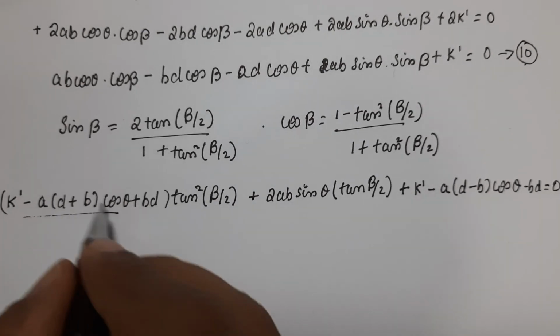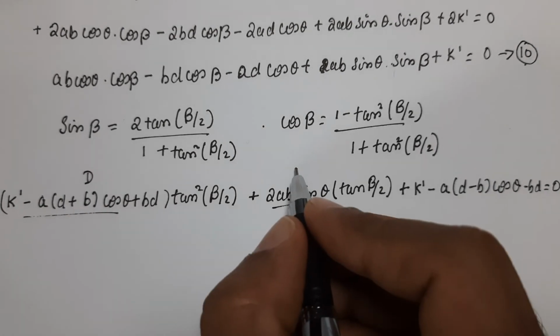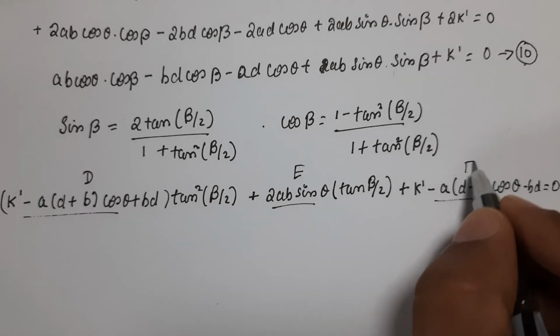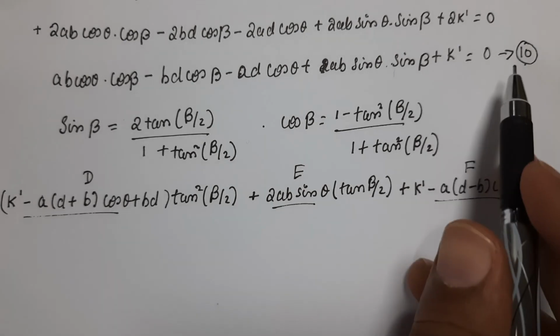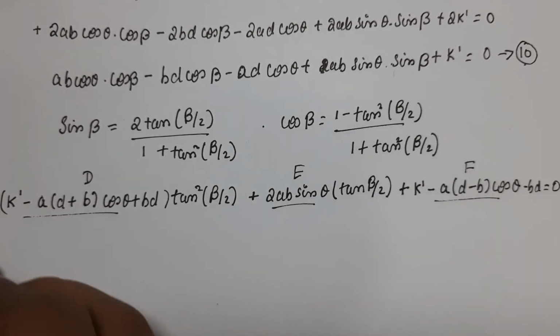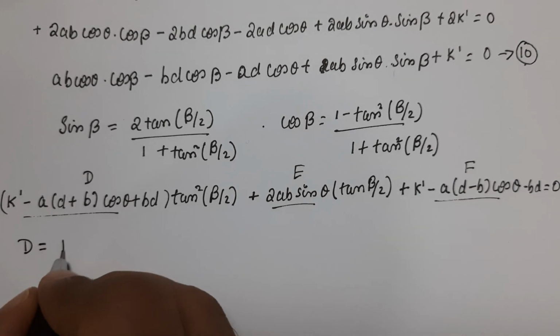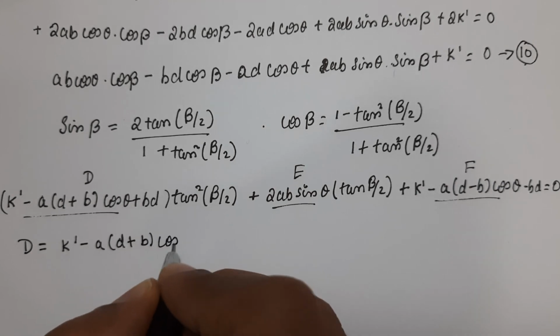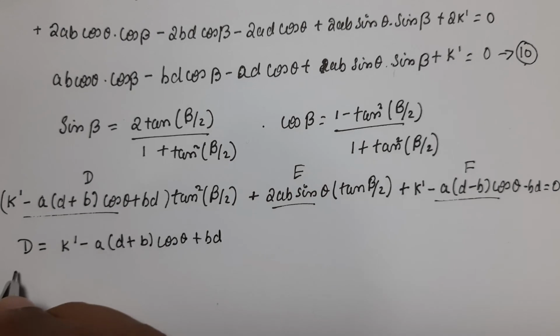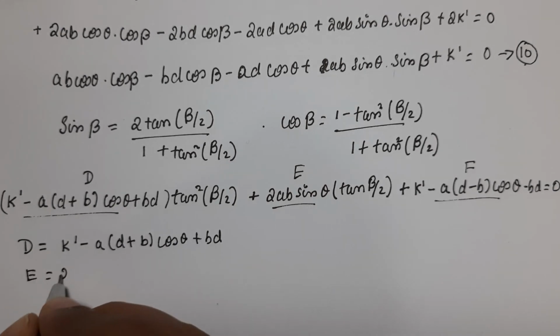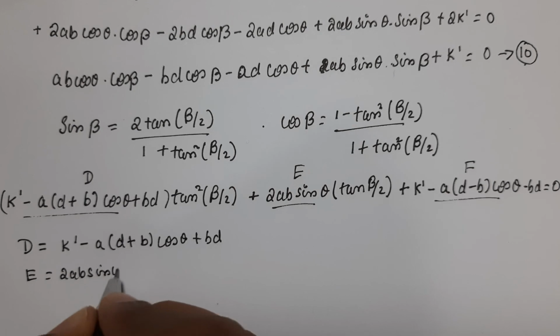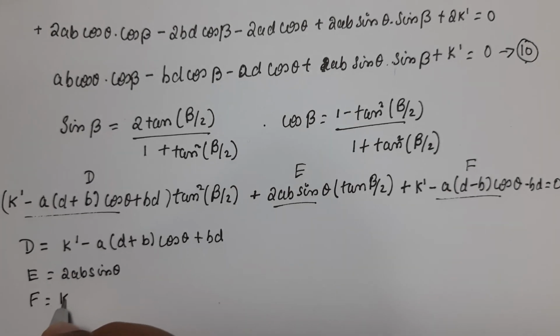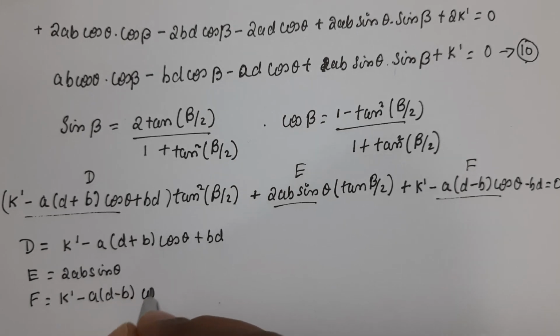Again here we'll take this as d, this as e, and this one as f. So d is equal to K dash minus A into (D plus B) cos theta plus BD, e is equal to 2AB sin theta, and f is equal to K dash minus A into (D minus B) cos theta minus BD.